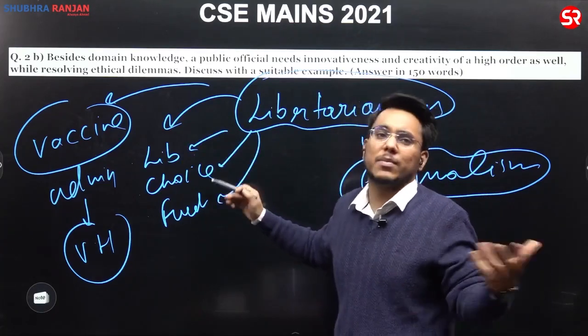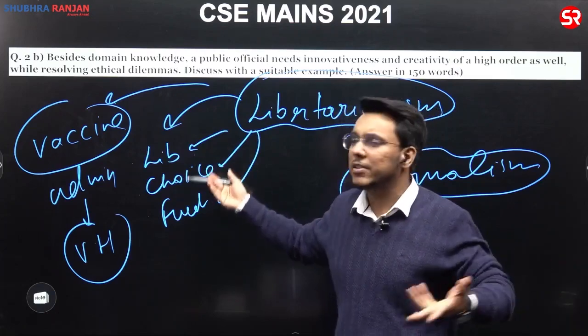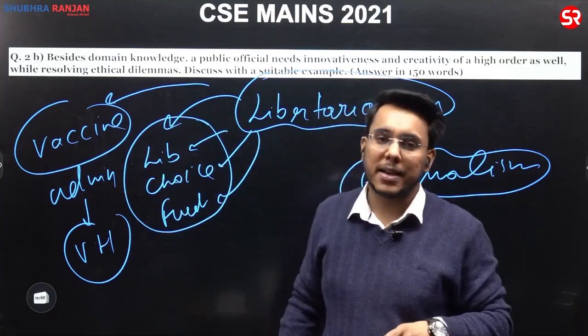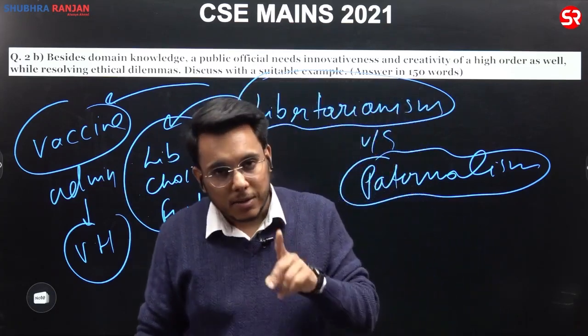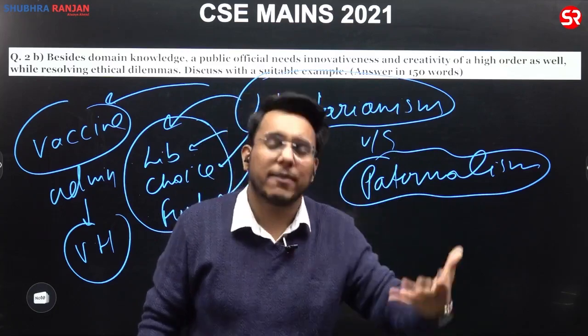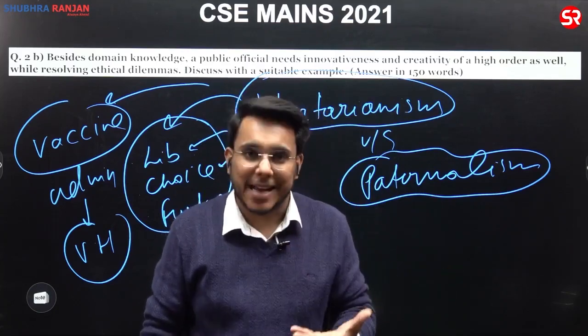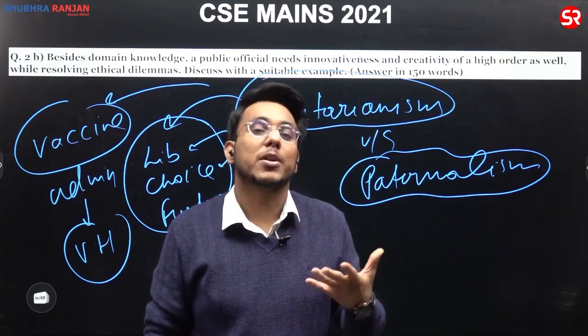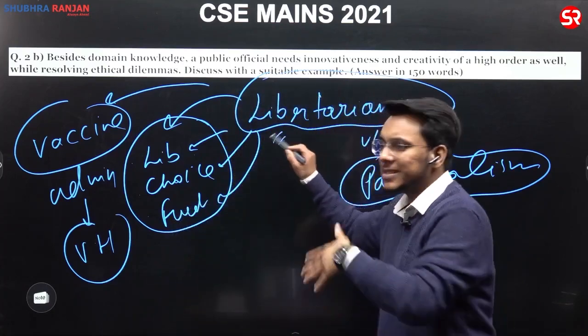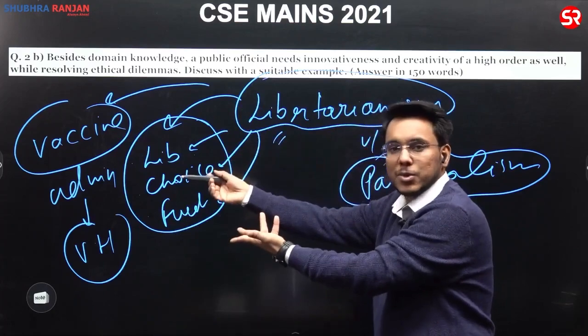If they want to take it, they should. If they don't want to take it, you should not pressurize them. At the end of the day, the Supreme Court has also said that you can decide if you want to take it or not. They are not compulsory. Up till now, the vaccines are not compulsory. So libertarianism means that if they don't want to take it, give them the choice.